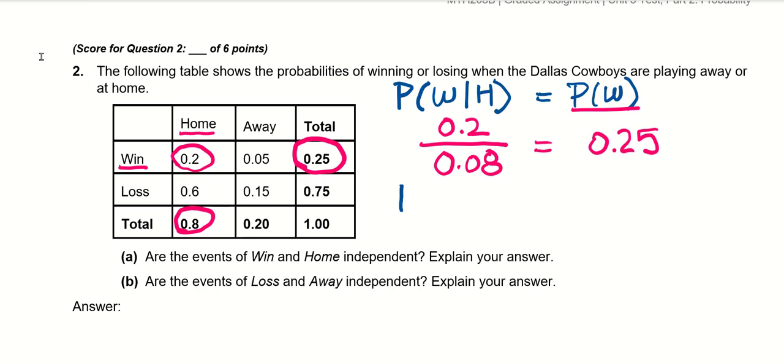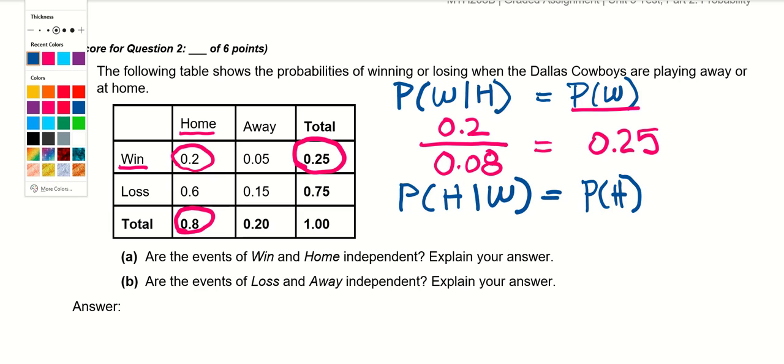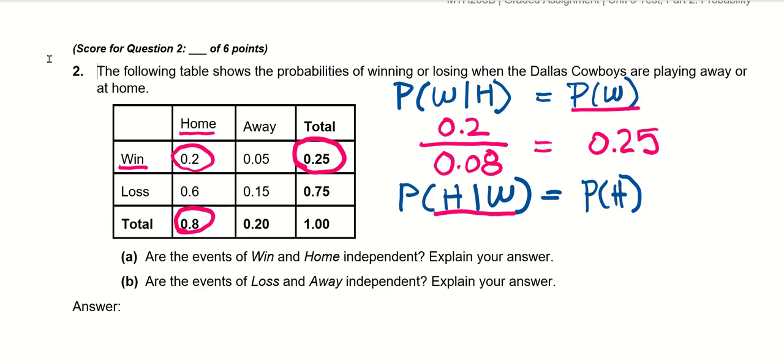Now we're going to look at the probability of home games that are wins and show that that's equal to the probability of home. All right, so from our table, we're going to locate this.